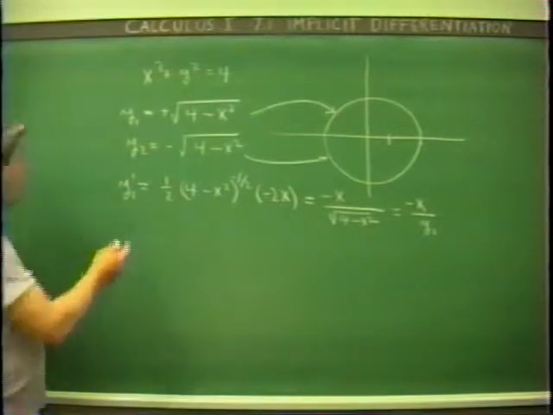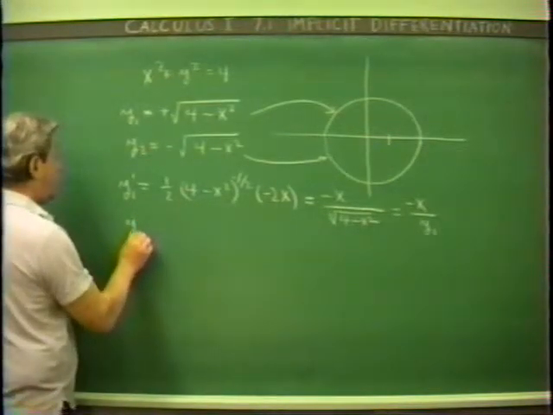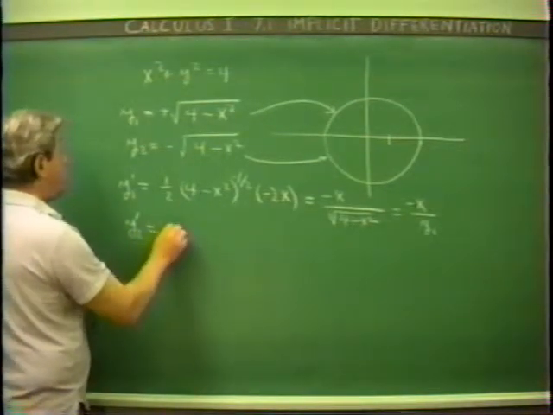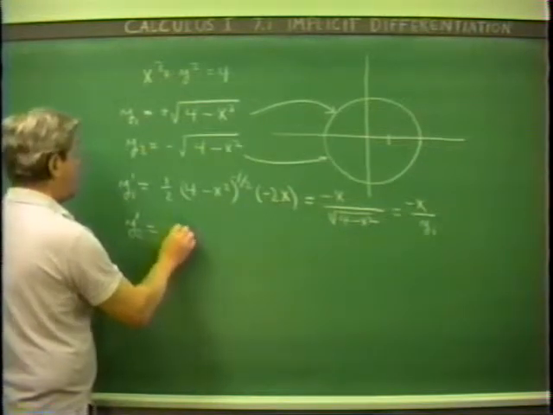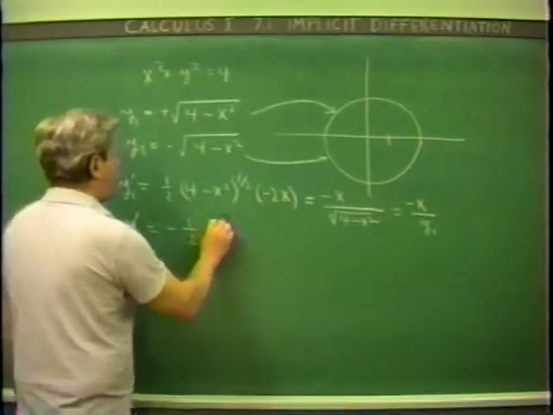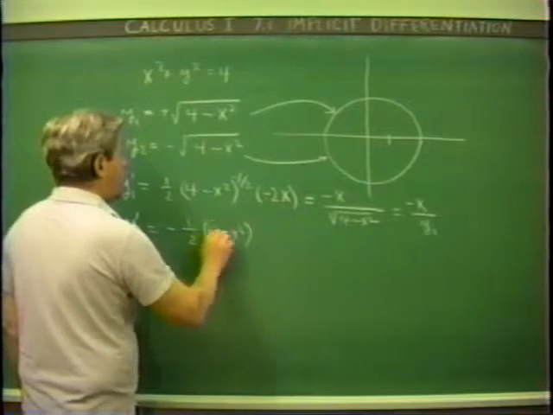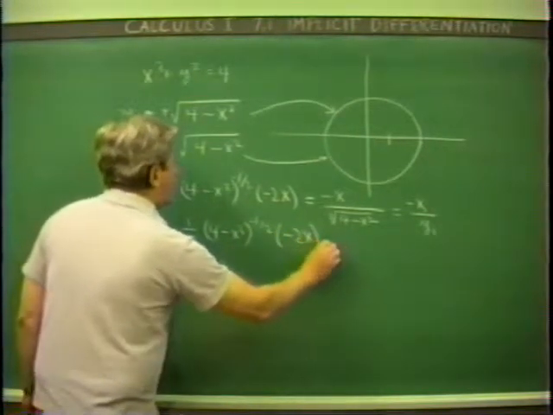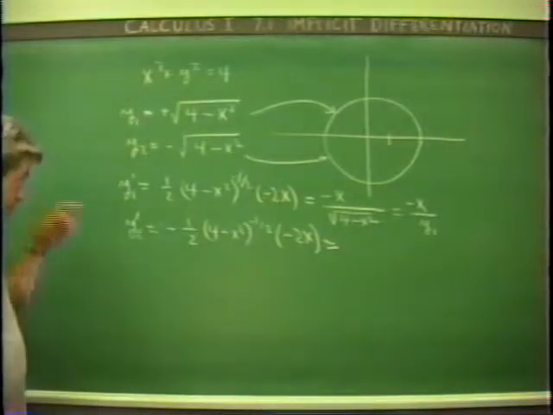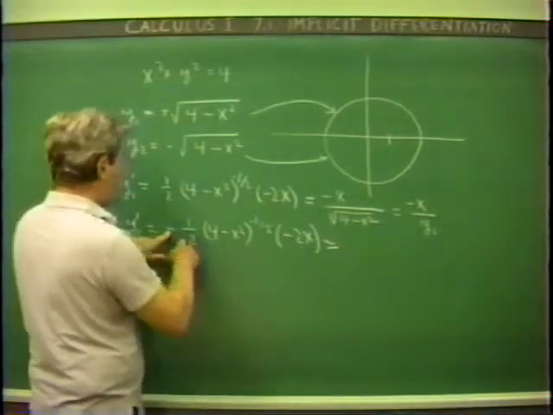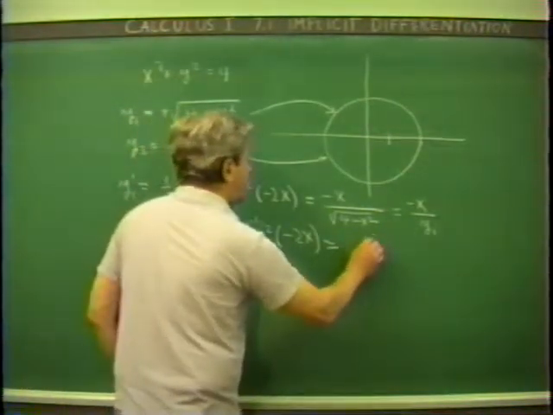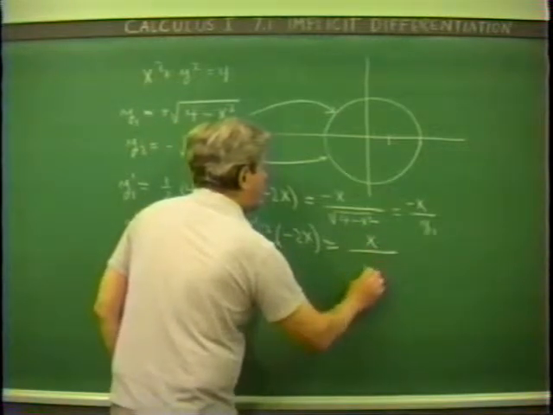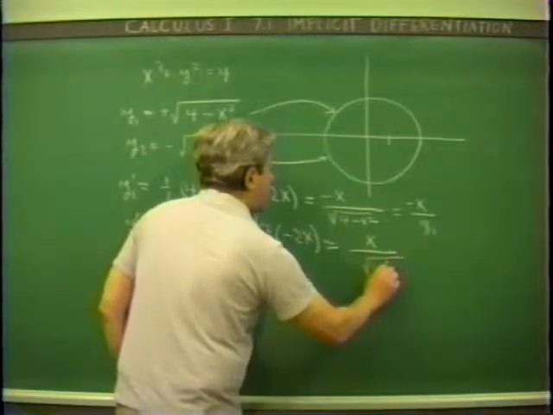If we differentiate the second, we get, similarly, y2 prime is equal to minus 1 half times 4 minus x squared to the minus 1 half, times minus 2x, which is equal to, canceling the minus 2 and the half, x over the square root of 4 minus x squared.